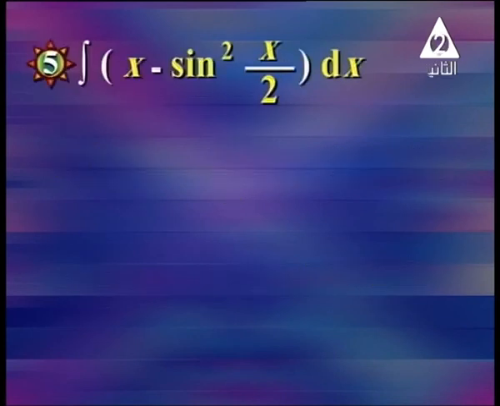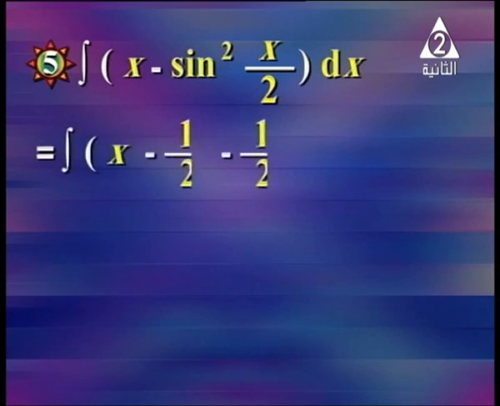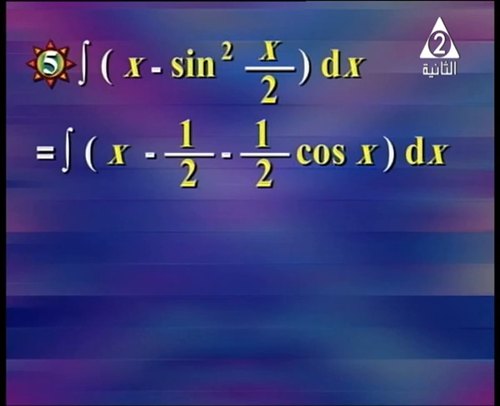What is the integration of bracket contains x minus sine squared x over 2 dx? Remember, we replace sine squared x over 2 by using 1 over 2 minus 1 over 2 cosine x. In this case, double x over 2 is x, so the double angle 2x divided by 2 is cosine x.